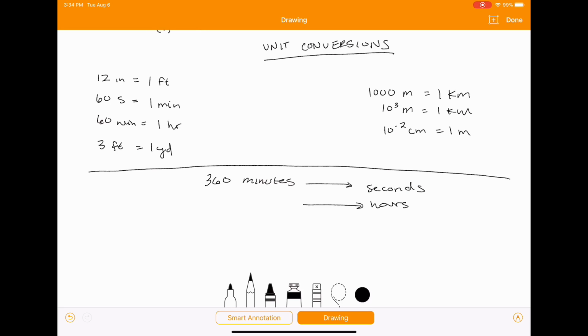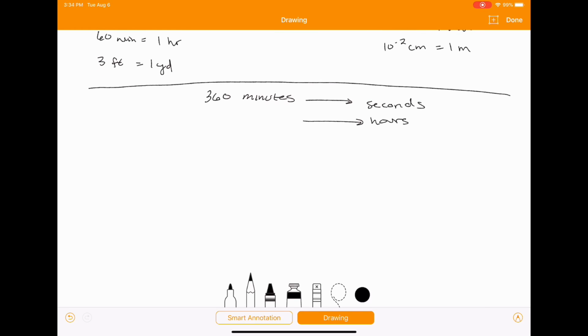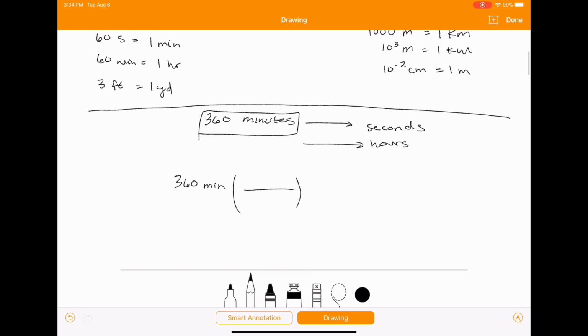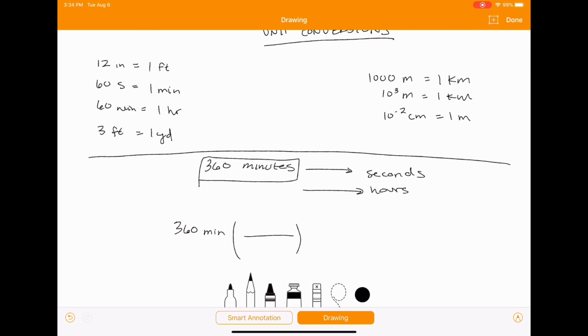So we need to convert minutes to seconds. What you're going to do is start with the thing that you know. So we've got 360 minutes. And then you're going to multiply it by a conversion factor. Again, we're going from minutes to seconds, so we're going to pick this one out here because it's got minutes and seconds in it.